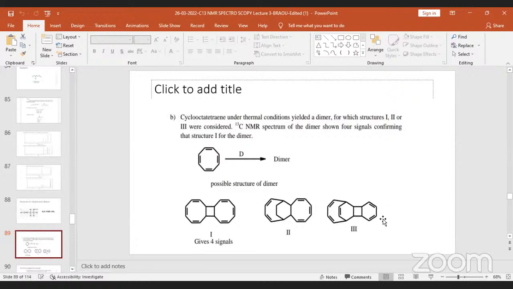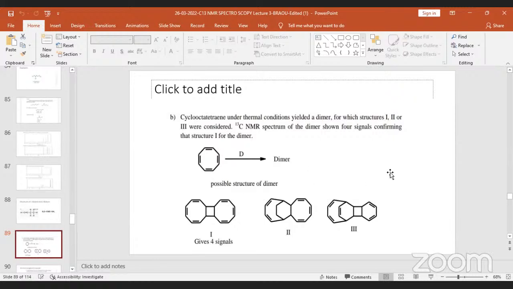So the structure of the dimer was shown to be this structure, not this, because here you can expect more signals. You see here how many you can get? 1, 2, 3, 4, 5, 6, 7, 8. 8 signals. Here also a plane of symmetry is there, but like this. 1, 2, 3, 4, 5, 6, 7, 8. Similarly here, 1, 2, 3, 4, 5, 6, 7, 8.